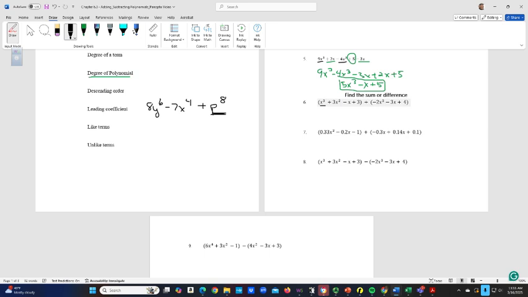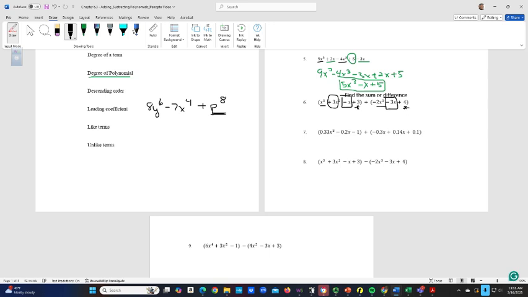It's a good idea to, I know you can't always use different colors, but you can draw shapes so that you know what is alike and what isn't alike. So when you go to combine, you know what it is that you're combining.